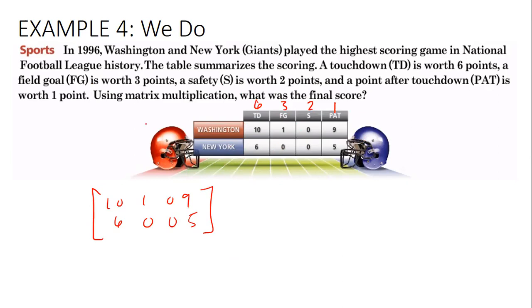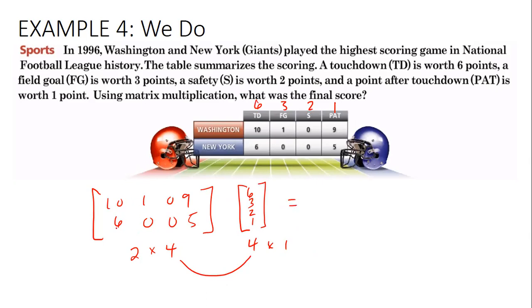If I want to be able to multiply, this is currently a 2 by 4, so what would the other one have to be? A 4 by 1, because what has to match up? Those, right? So I have to have 4 rows and 1 column: 6, 3, 2, 1.